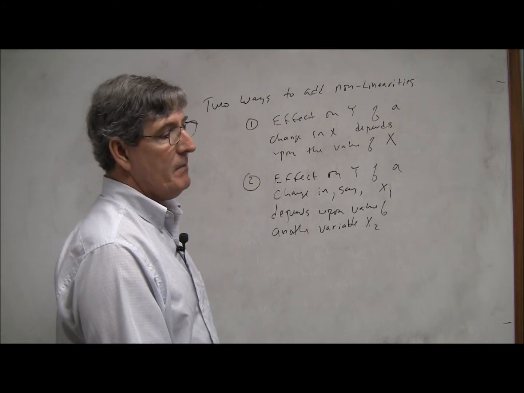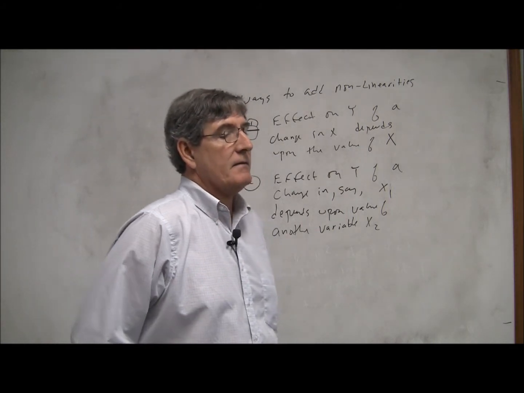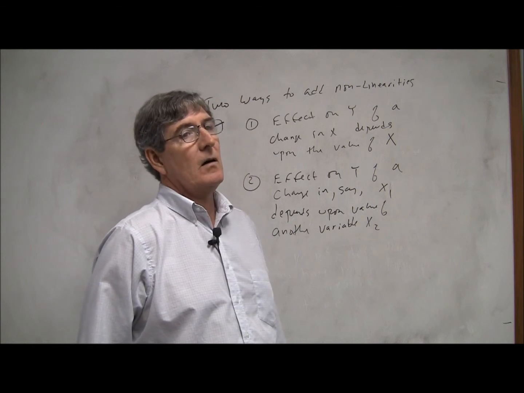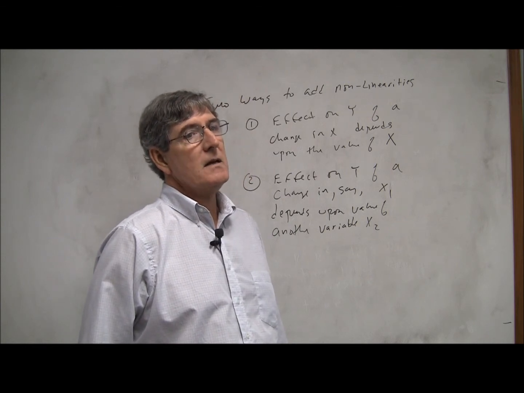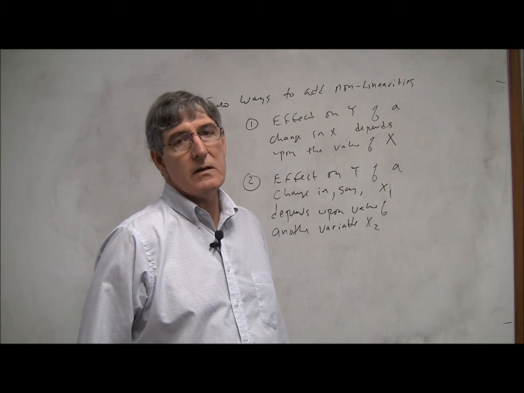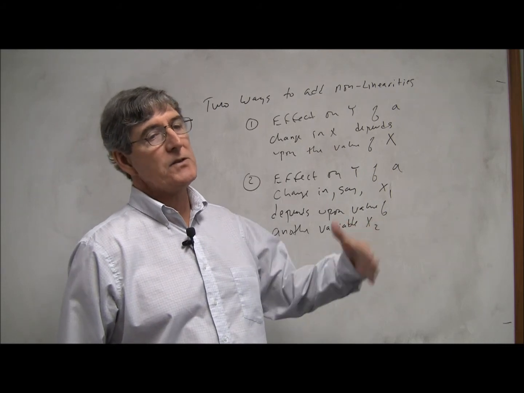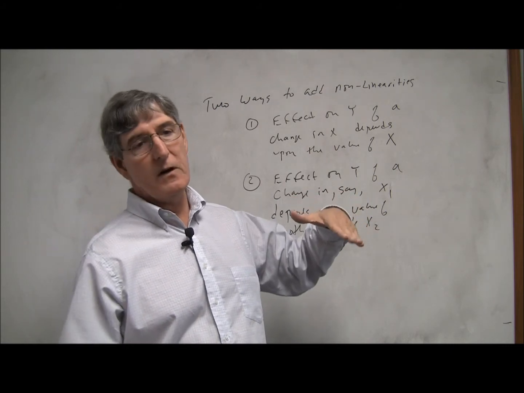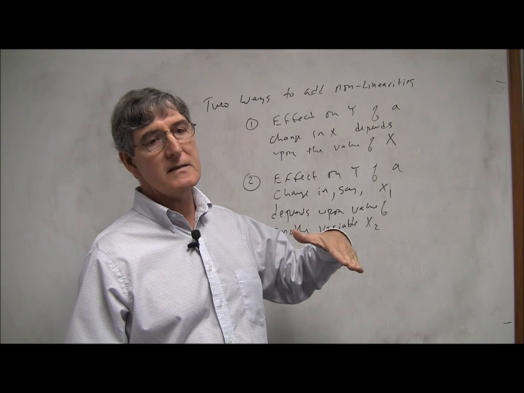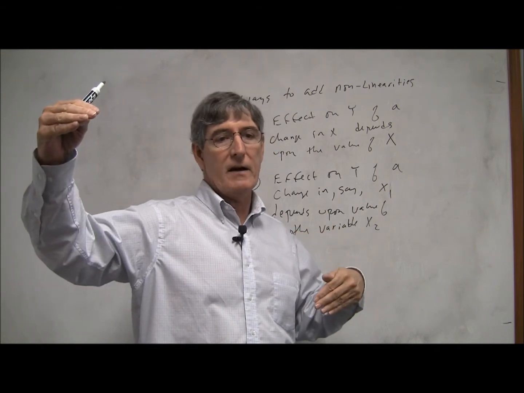For instance, it may be that the effect of class size on scores depends upon how many English learners you have in the classroom. So that when you change class size, if you have very few English learners, the effect is different than if you had a whole lot of English learners.